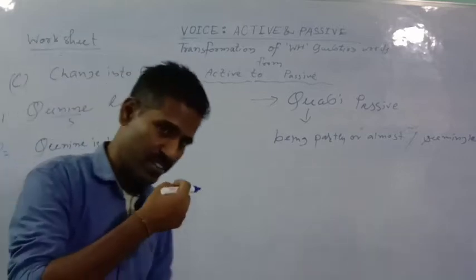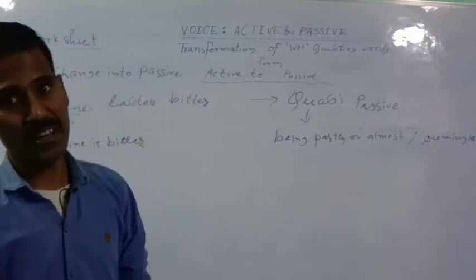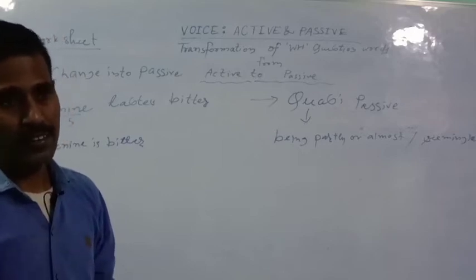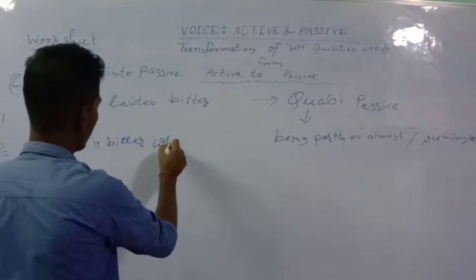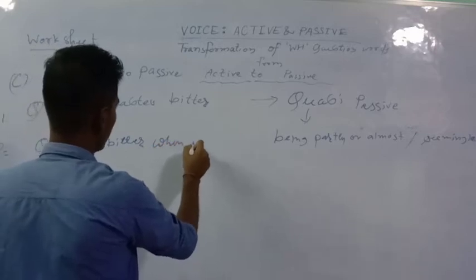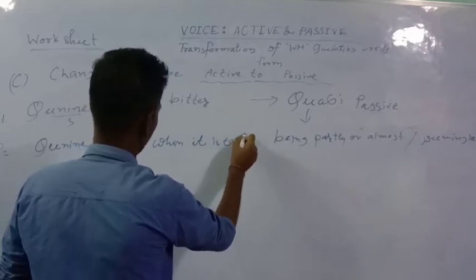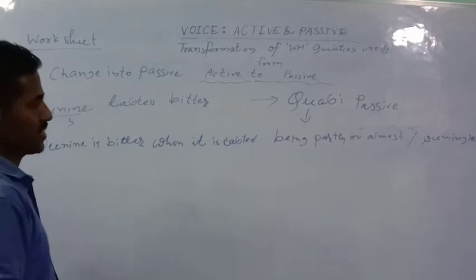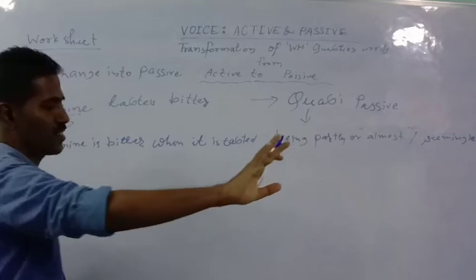Suppose I taste: tested by me. So quinine is bitter when it is tested by me, by X, by Y, by Z, but we don't write that. It's not necessary here.